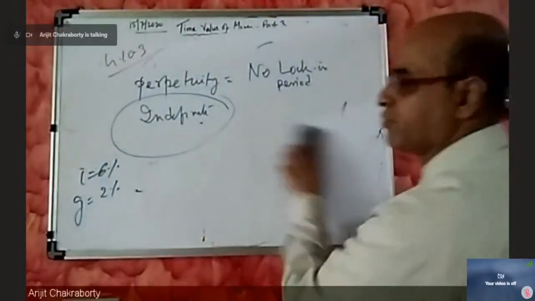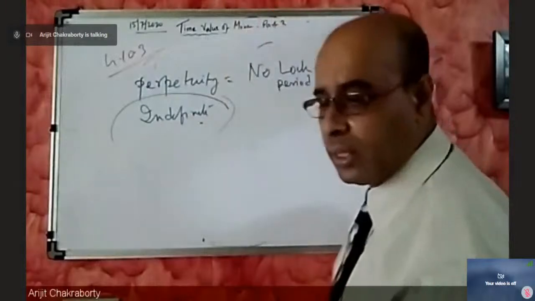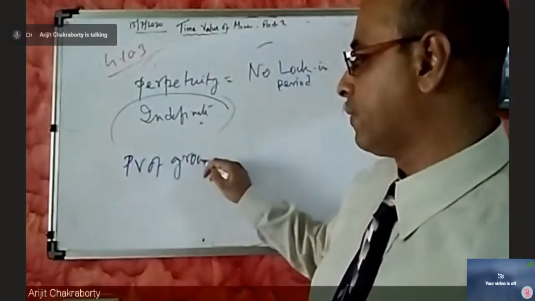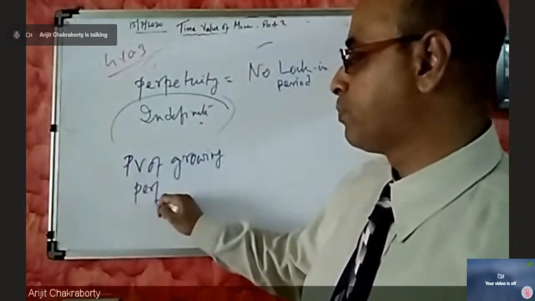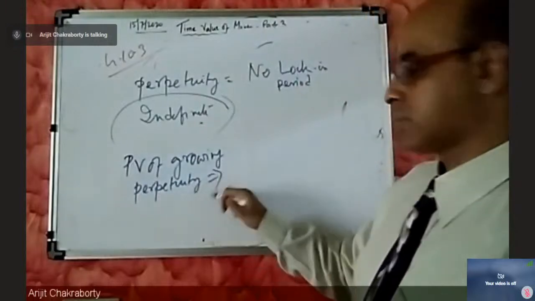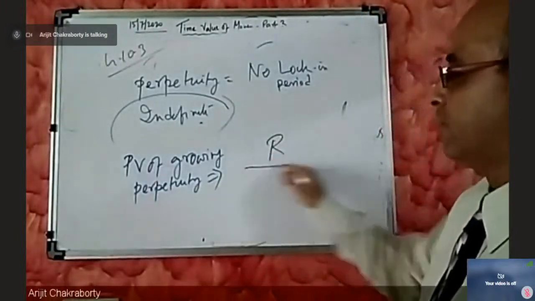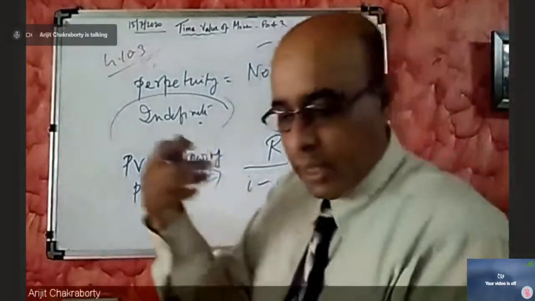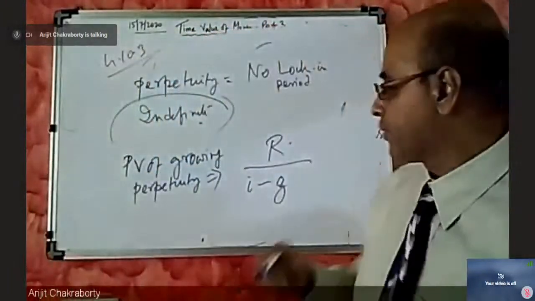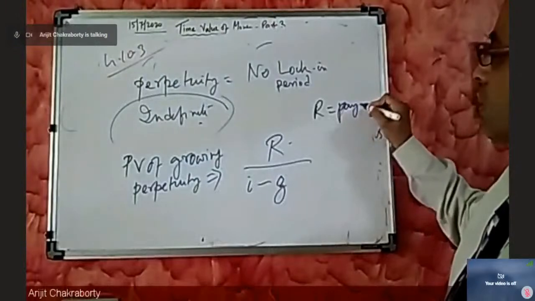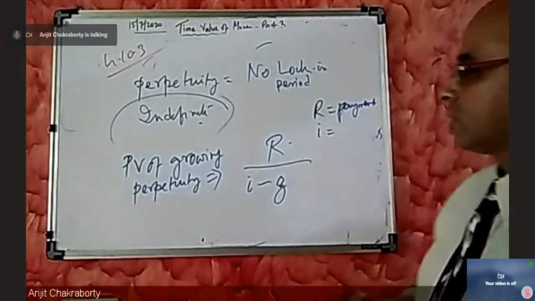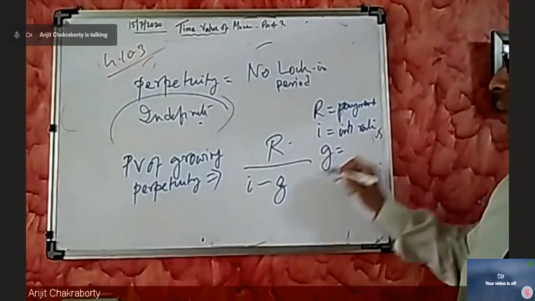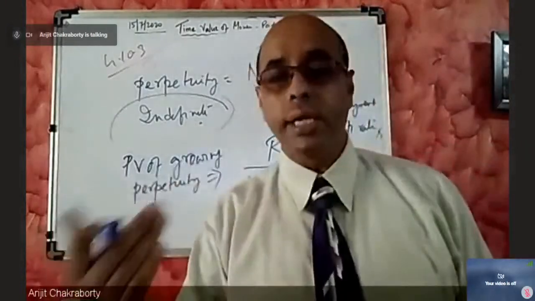Just note the formula for that. A very simple formula, not at all a complex one. The present value of a growing perpetuity is equal to R divided by I minus G, where R is the payment which you get every year, I is the interest rate, and G is the growth rate in the interest.